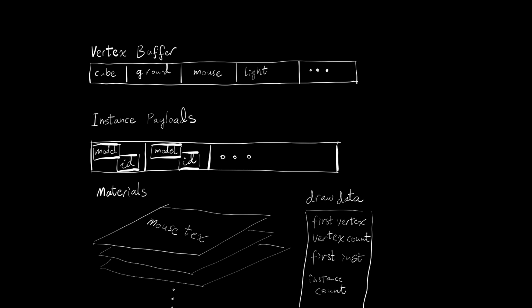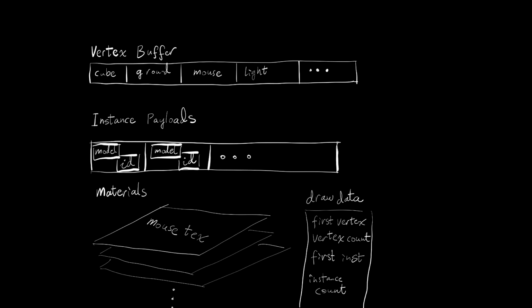I think I forgot to define instanced rendering. So if you're not familiar with what instanced rendering is, we could have a single draw call that says, hey, draw these vertices, and it does its thing. But then we could have an instance version of that call where we say, hey, draw these vertices and do it 1,000 times.